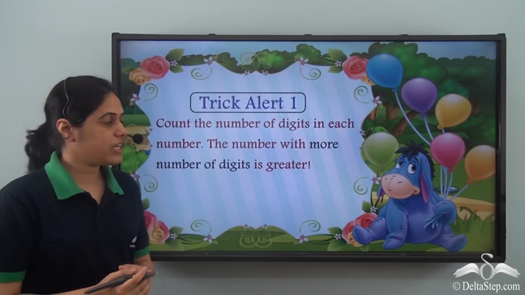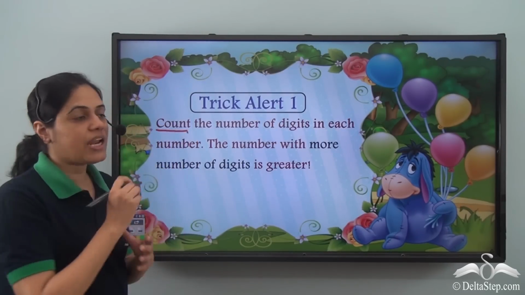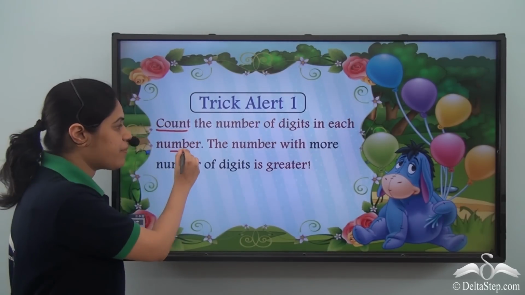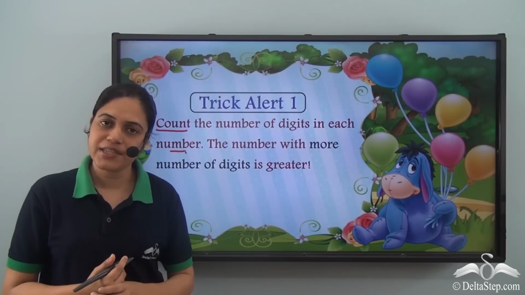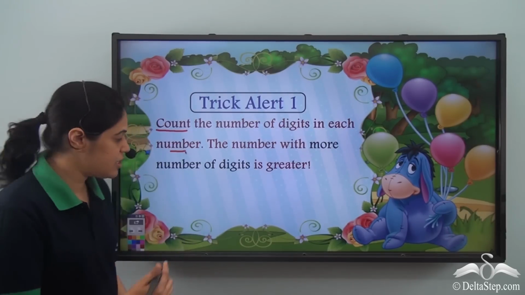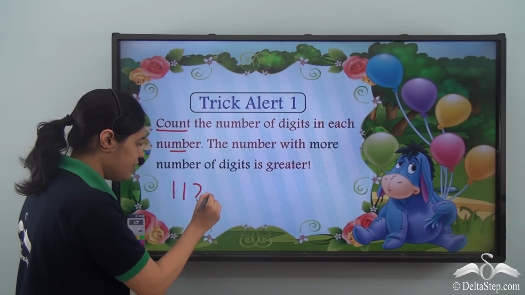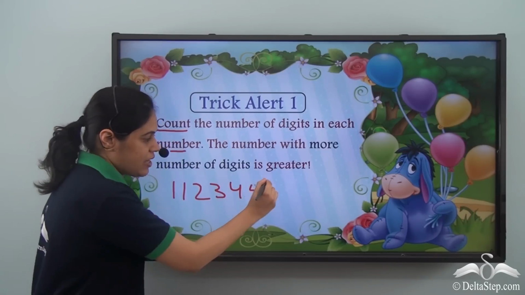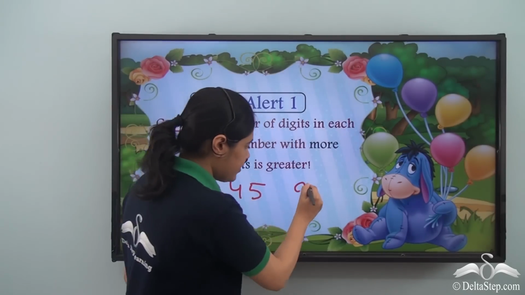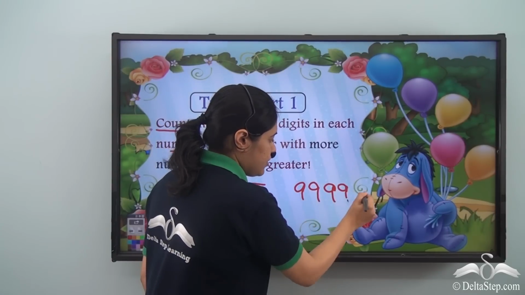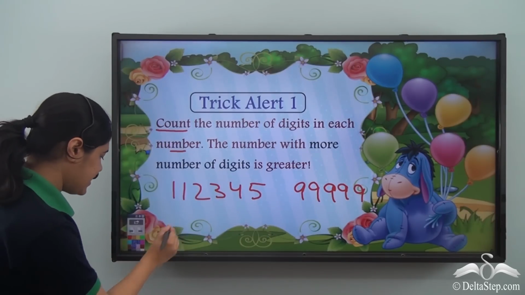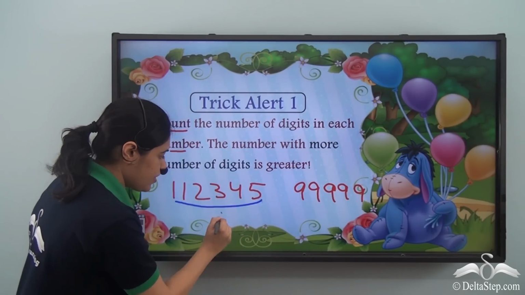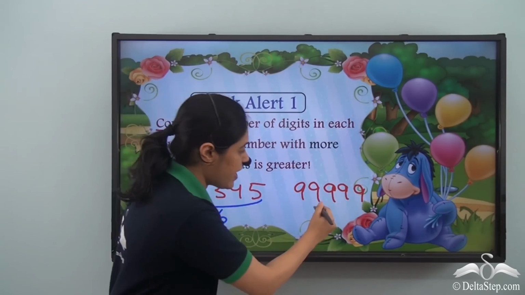So the first trick is to count the number of digits in each number. The number with more digits is greater. What do we mean by this? If I have a number like this and another number like this, this number has 6 digits and this number has 5 digits.